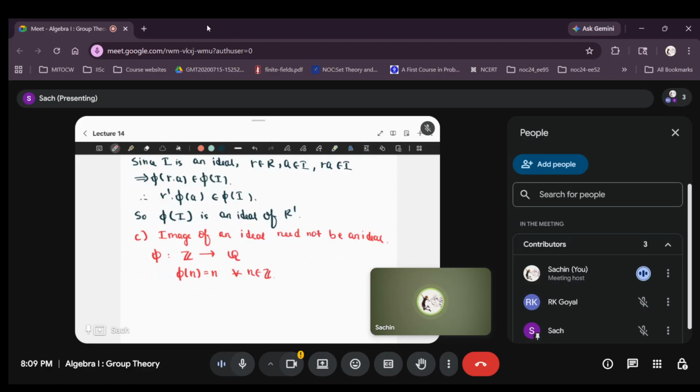What is this called? I had given a name, I think. From Z to Z, if you had this homomorphism, what would it be called?